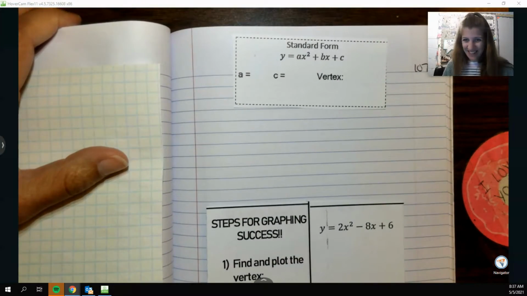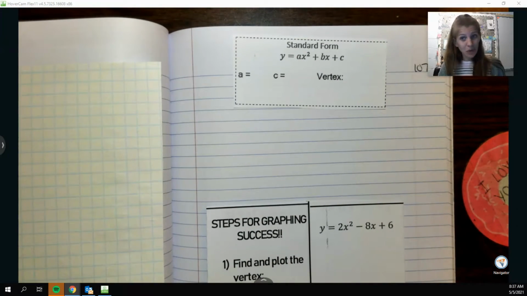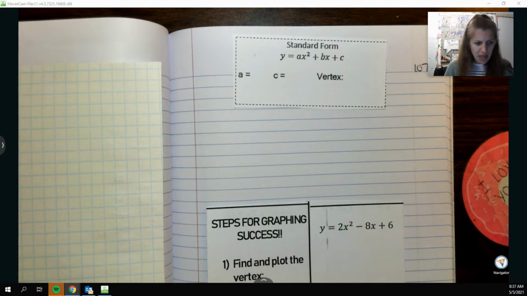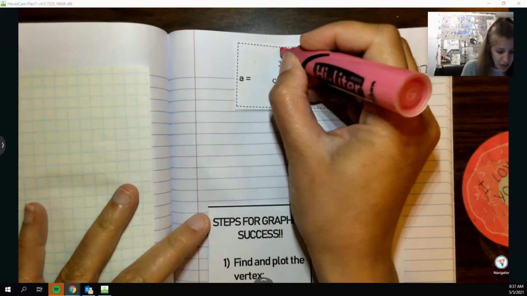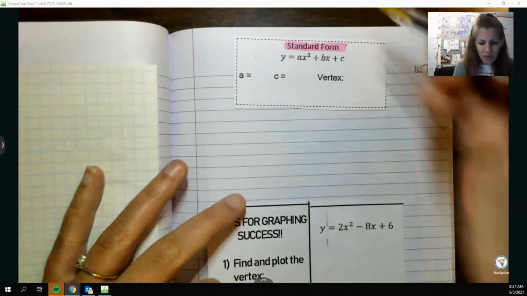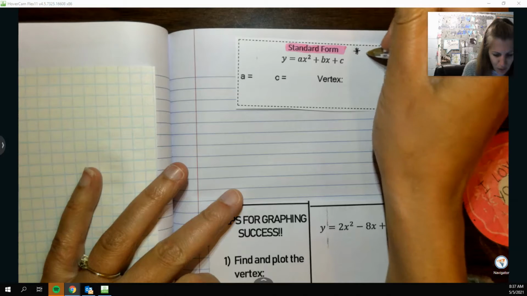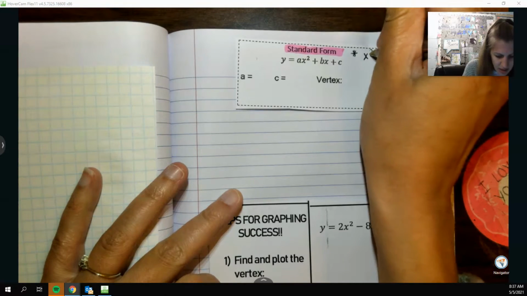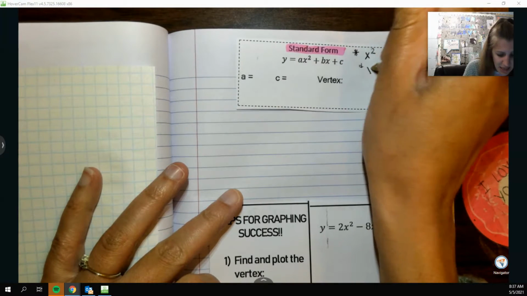Okay, so when we are in standard form of a quadratic, the important thing to notice so that I know that I'm in standard form and not vertex form is that standard form will always have an x squared and an x.